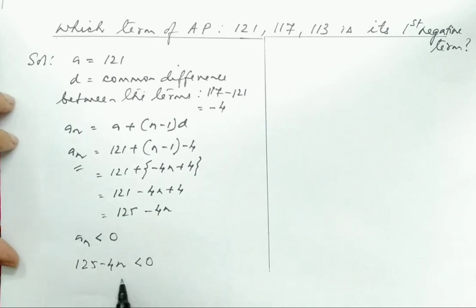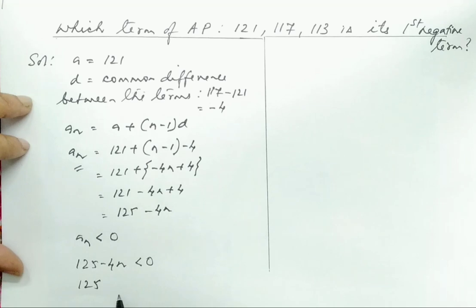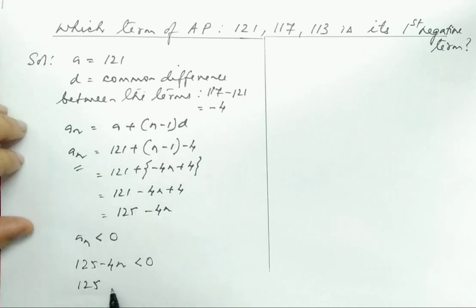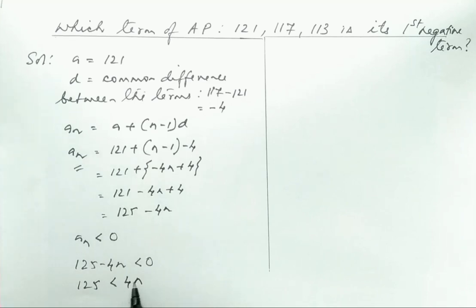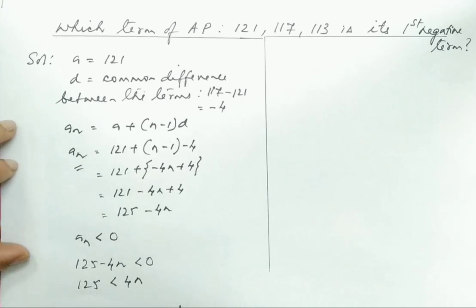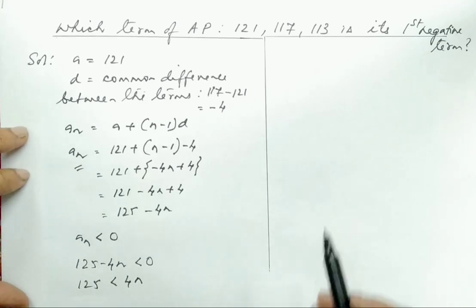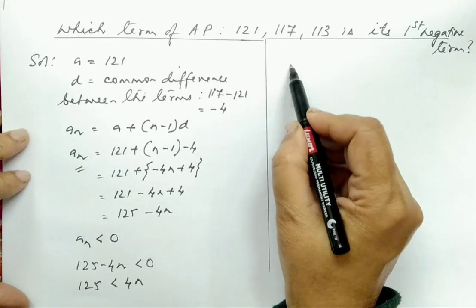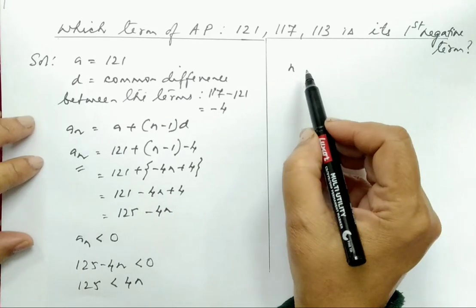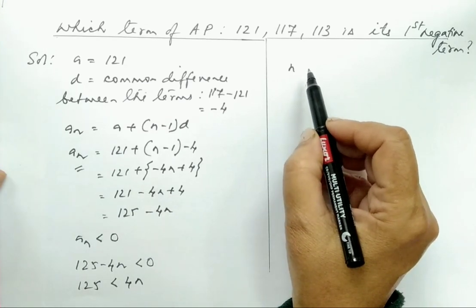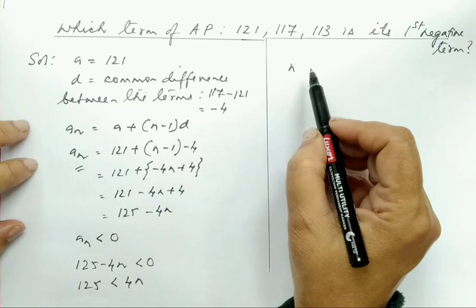And so what do we have? We have 125, and we take 4n to the other side, simply as we do in a normal equation. In this case, this turns positive. Therefore we have n greater than what?